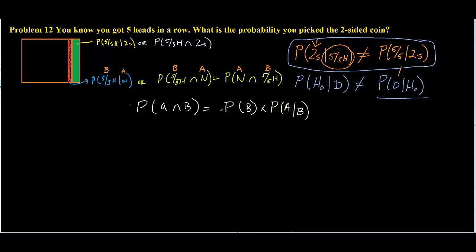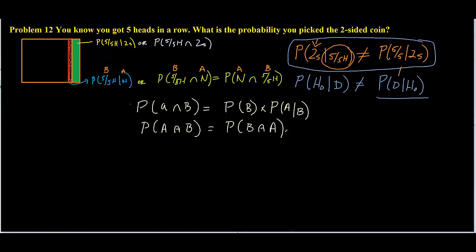If you think of the coin example, this should be clear to you now. And we know from this that the probability of A and B happening is equal to the probability of B and A happening. These are equivalent. These two probabilities are the same.